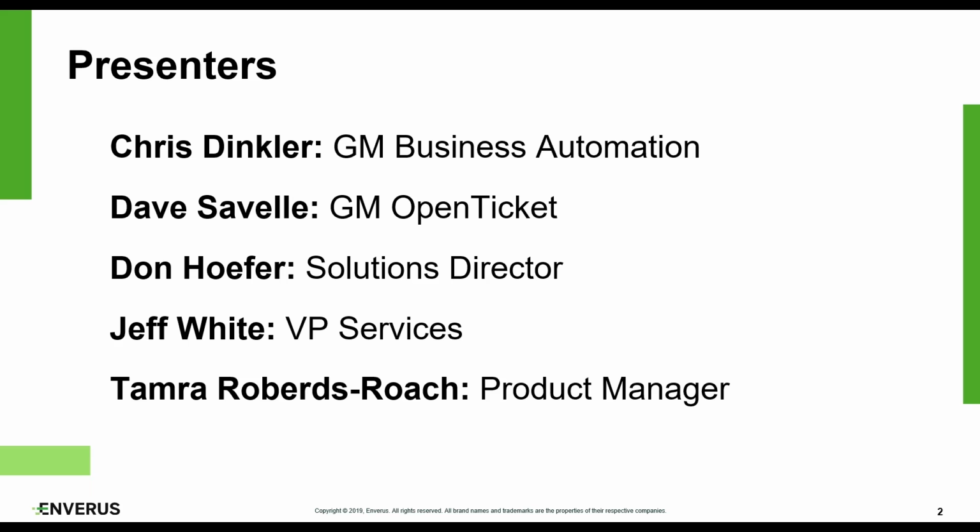We've got Don Hofer, a Solutions Director, who is going to provide some input on Pricebook, as well as some OpenInvoice information. Then we're going to hear from Jeff White, our VP of Services, who is going to introduce you to the virtual admin service that can help you out. And then we're going to go to Tamara Roberts-Roach, our Product Manager, who is going to introduce you to Virtual Card. With that, I'm going to hand it over to Chris.